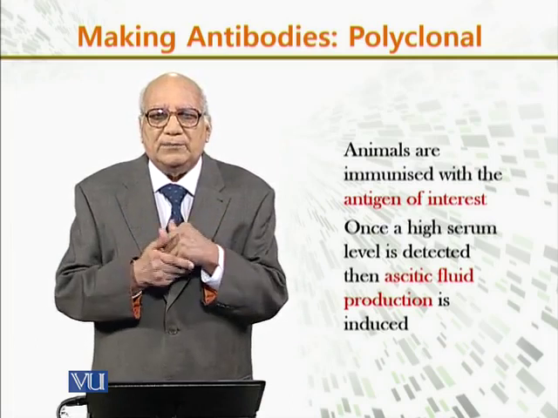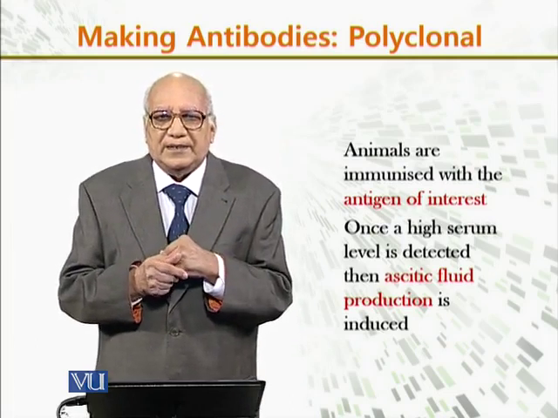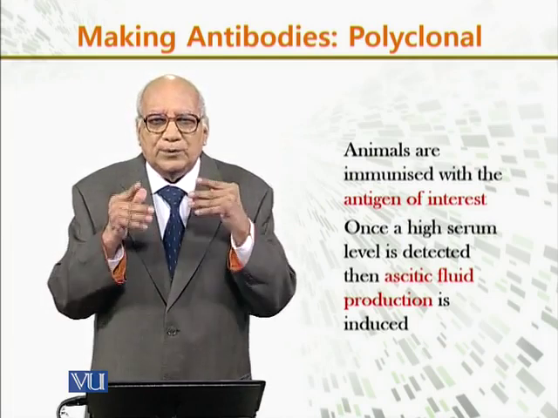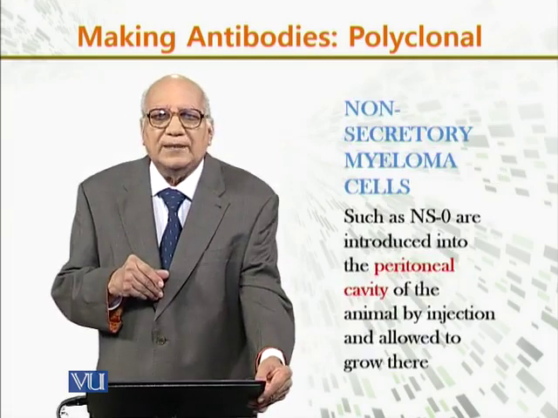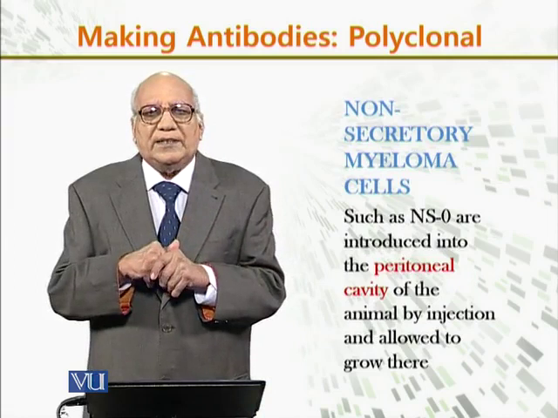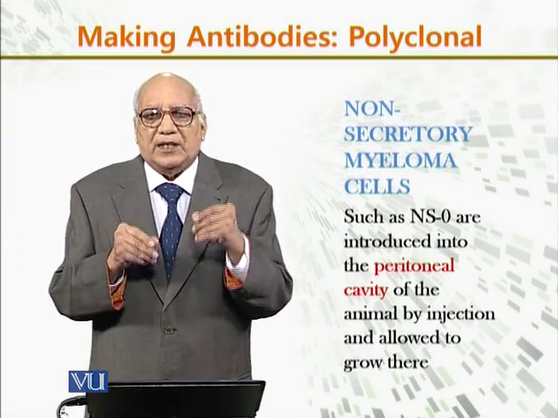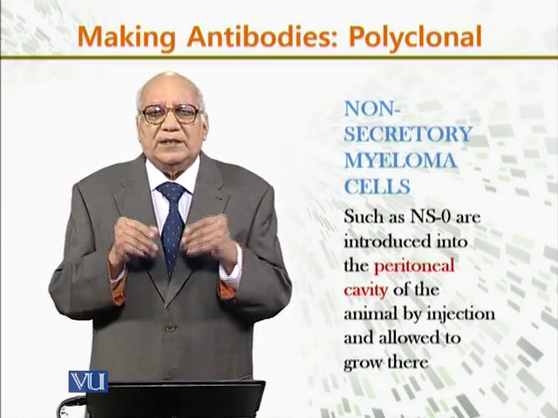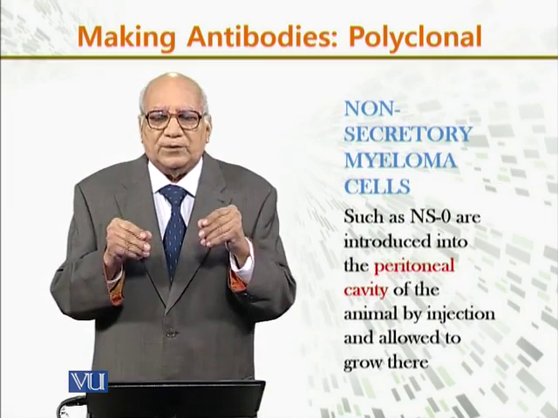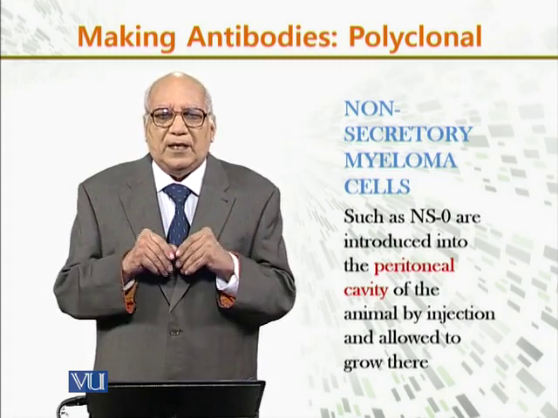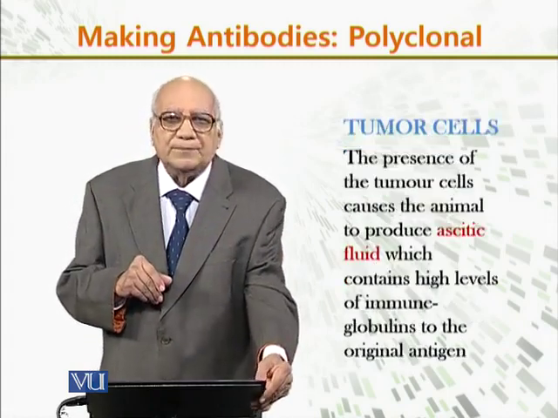Once a high serum level is detected, then ascitic fluid production is induced in the animals. Non-secretory myeloma cells, such as NS0, are introduced into the peritoneal cavity of the animal by injection and allowed to grow there.